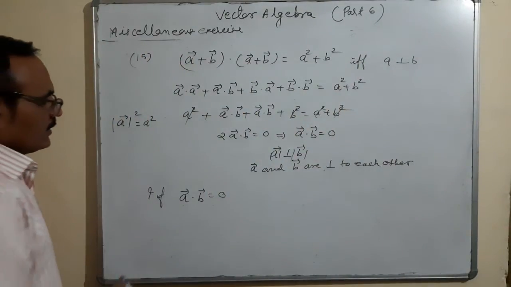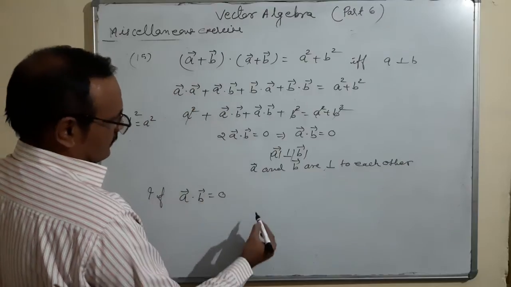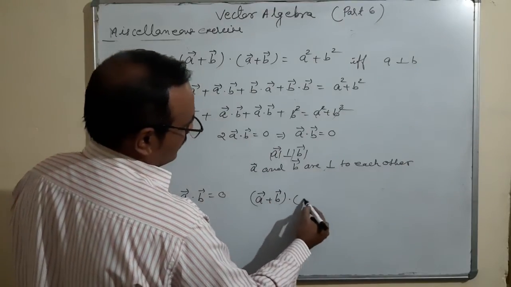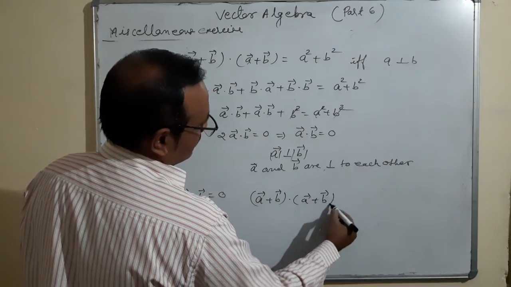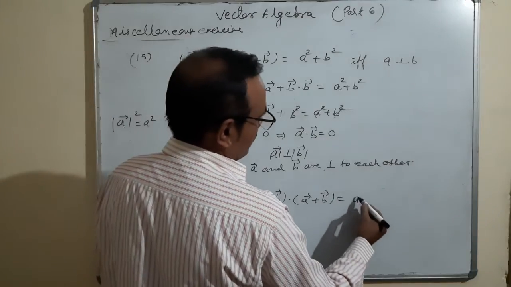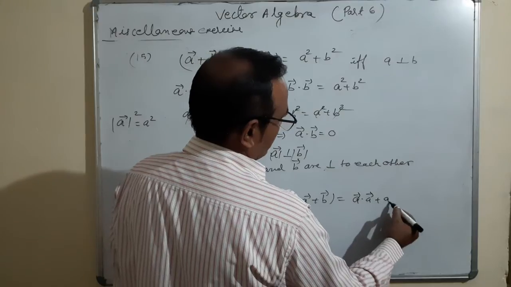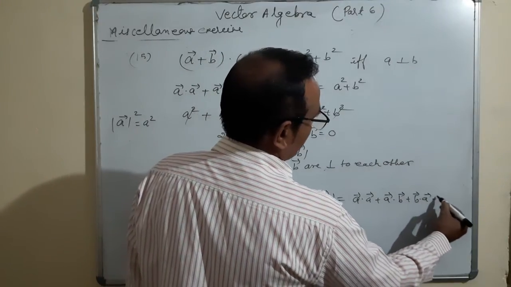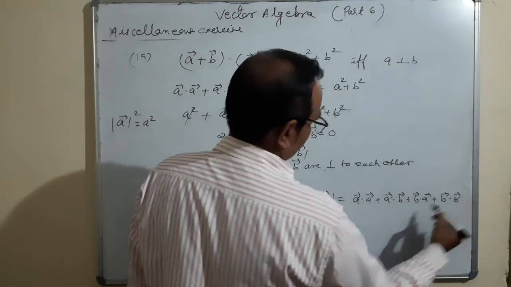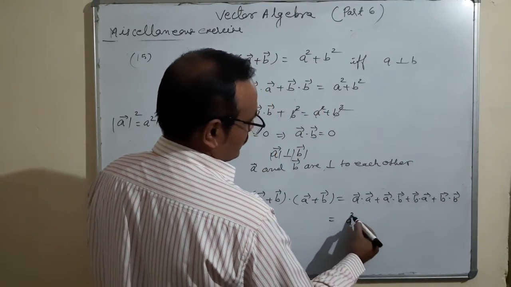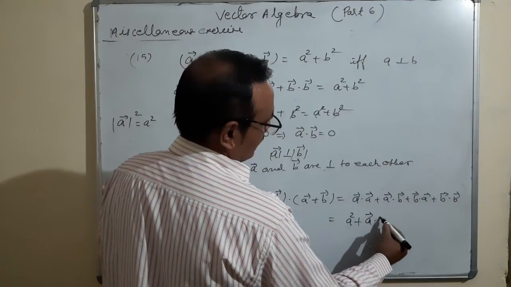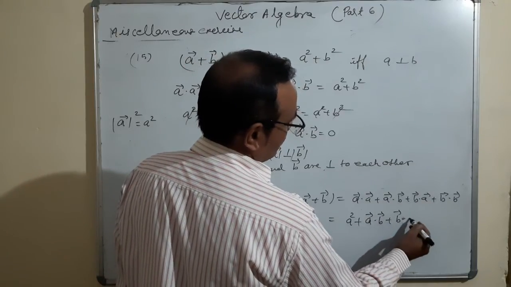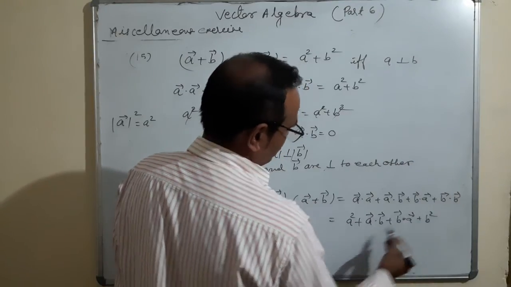Okay. So here we'll multiply vector A plus vector B dot vector A plus vector B. So it is coming vector A dot vector A plus vector A dot vector B plus vector B dot vector A plus vector B dot vector B. A dot A is A square, plus vector A dot B plus vector B dot A, plus B square.